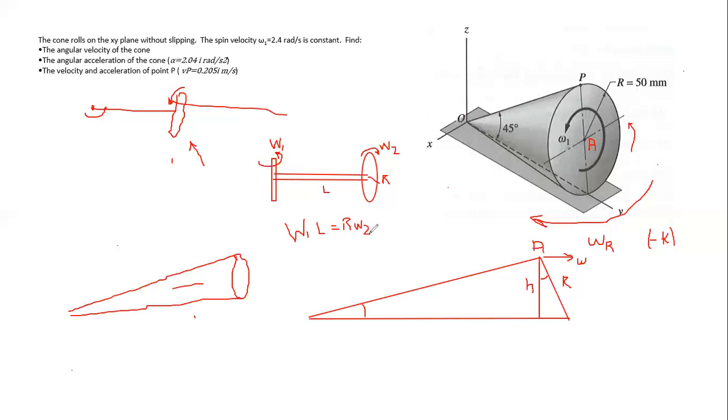Does everybody remember that? This is because this is like a tangential velocity, just going around at omega 1 out at a distance of L. And then like we talked about a second ago, a wheel rolling without slip is going to have an R omega. Questions about what I just said?